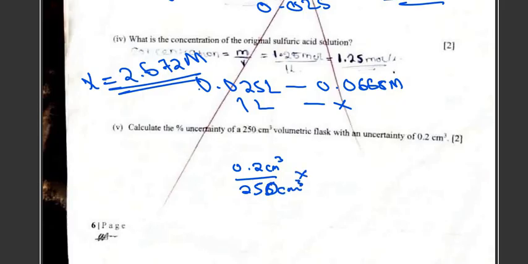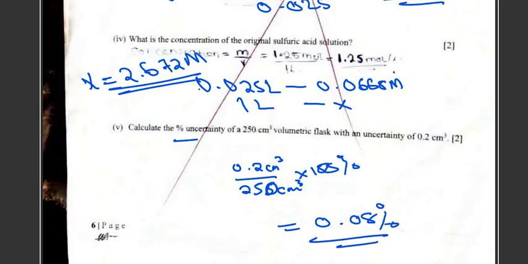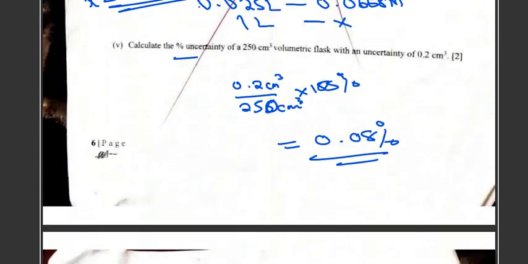They want the percentage uncertainty in this form, so this is going to give us 0.08%. This is the uncertainty that we are having. So this is how we're supposed to do number B.